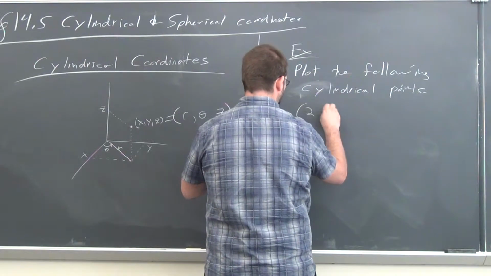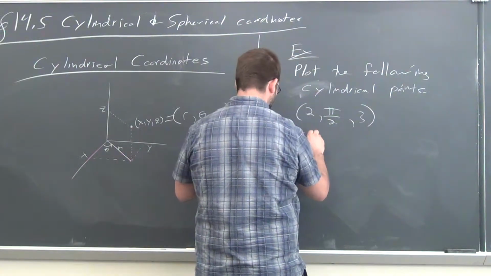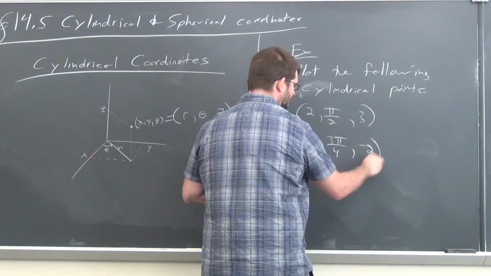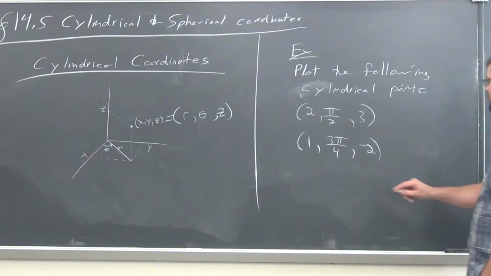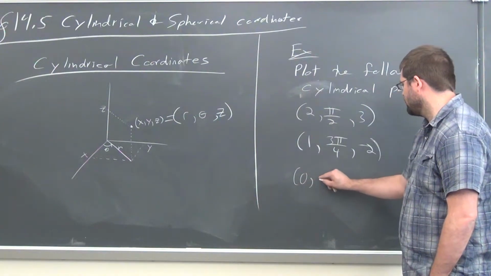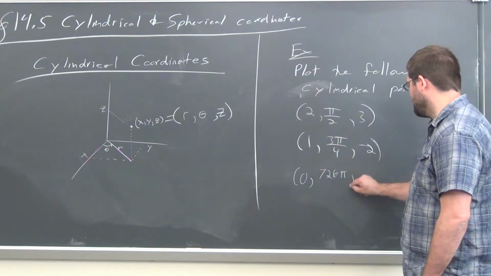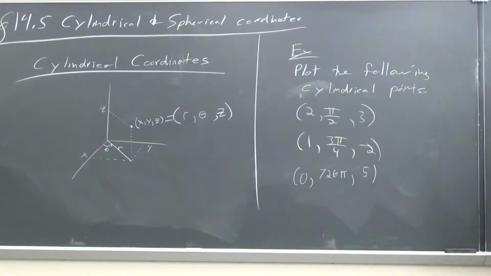So 2, pi over 2, 3; 1, 3 pi over 4, negative 2. Here, let me put one that will be kind of weird: 0, 726 pi, and then 5. All right. See how you do with those.